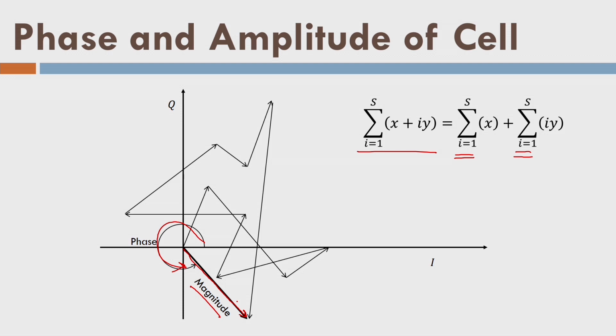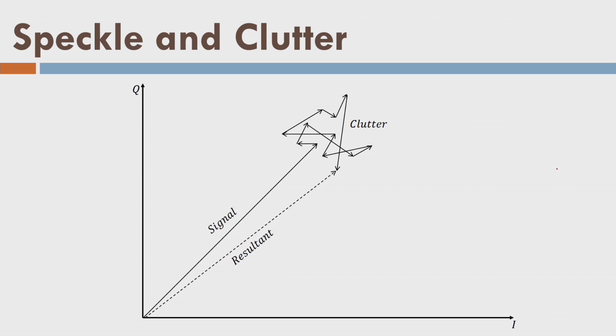Let us say in one pixel we observe all these coherent components, and we are summing them up. It is shown graphically, and mathematically we sum it directly. It is not a vector sum. It is shown like a vector sum, but mathematically we do it like this. So, it is shown here graphically again that this is a real signal without error, but this is the clutter here. Clutter is the noise.